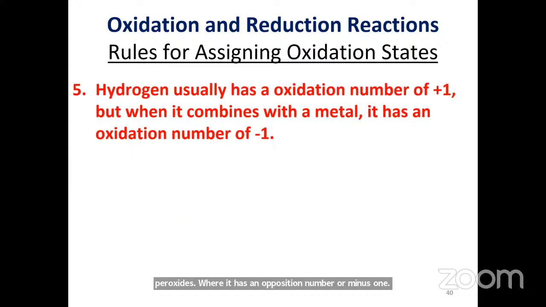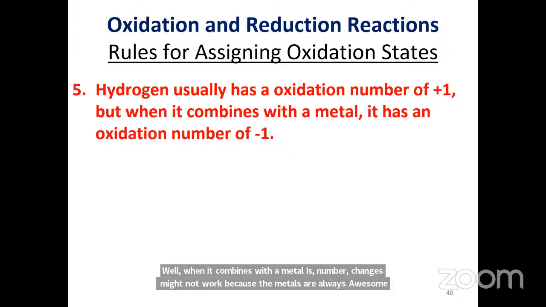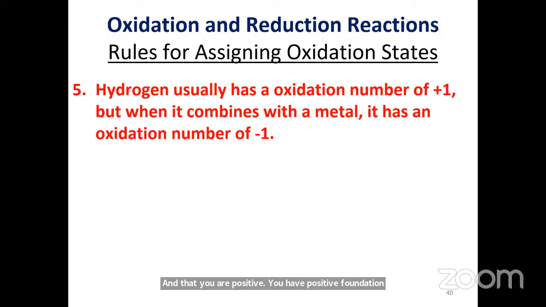Hydrogen usually has an oxidation number of +1, but when it combines with a metal, its oxidation number changes to -1, because metals are electropositive. They will have positive oxidation state, so hydrogen will be the one to carry the negative sign.